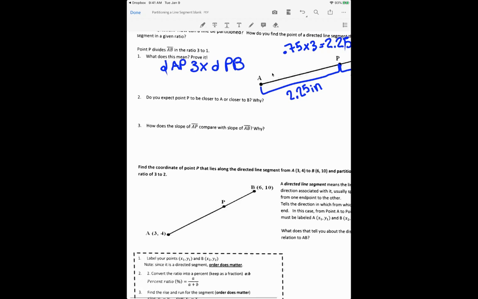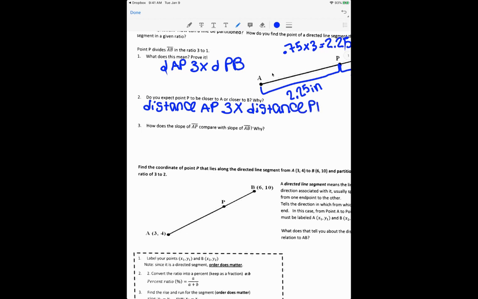So let's go ahead and write that out. Distance AP, 3 times distance PB, as we said earlier. So P, oops, and that's supposed to be a B, sorry about that. So P is closer to B.